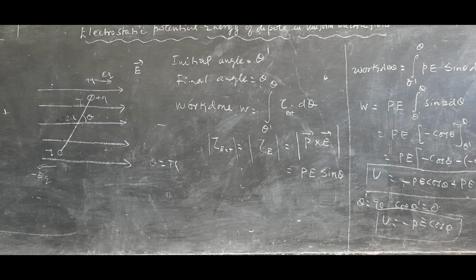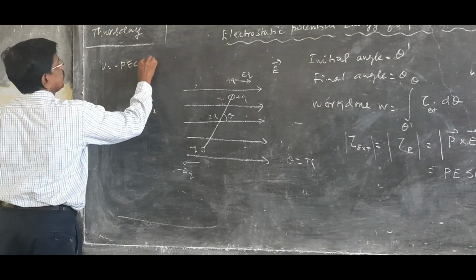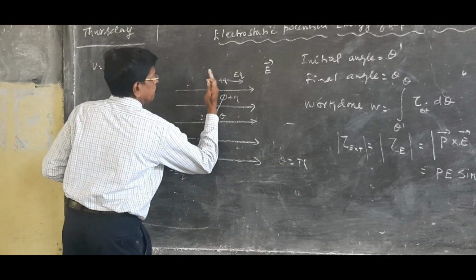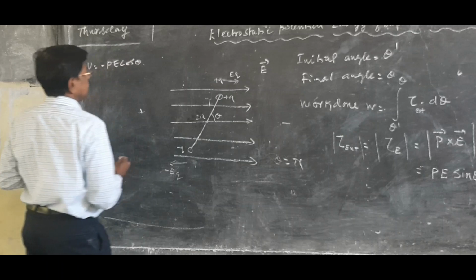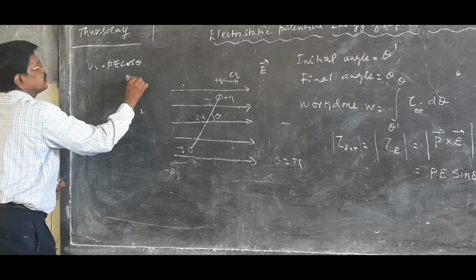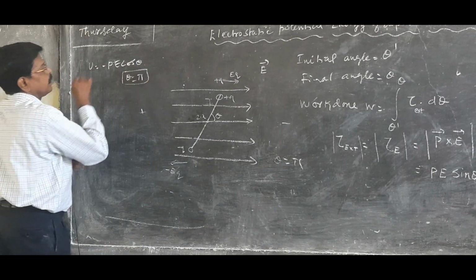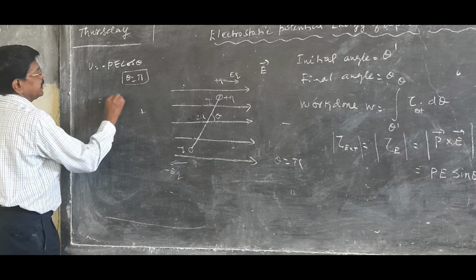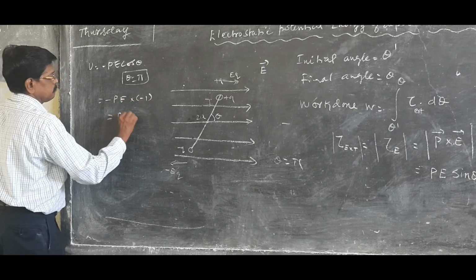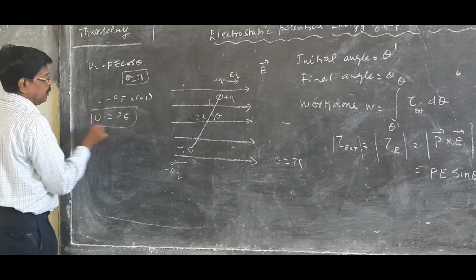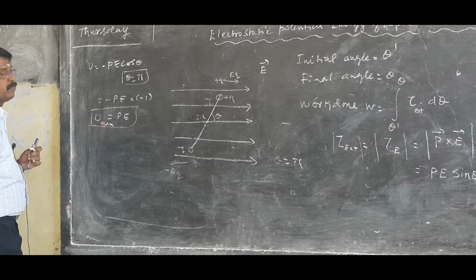Cos 180 is minus 1, so U equal to minus PE cos theta. Suppose the dipole is moved against the electric field, in the opposite direction, then theta equal to 180 degree. So minus of PE into minus 1 is equal to PE. This is the maximum value.